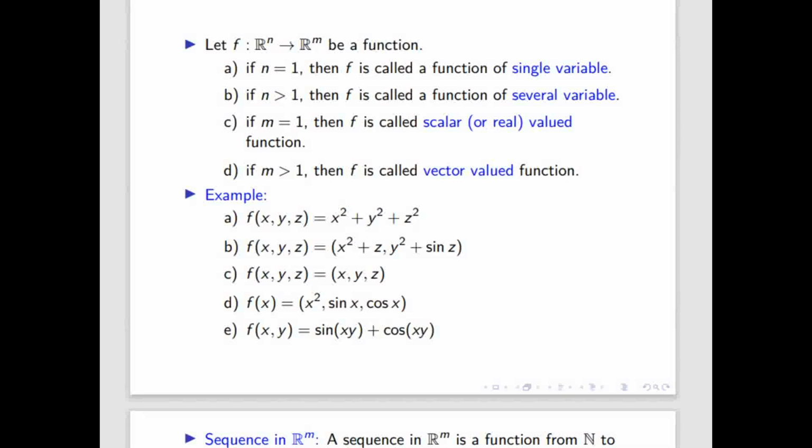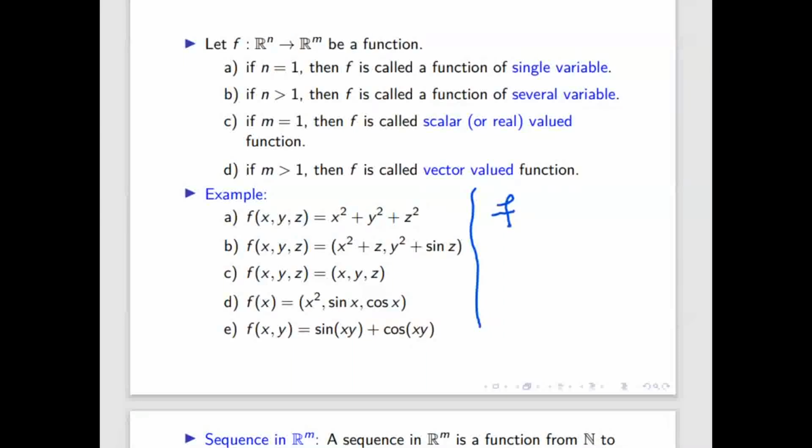So now what we will do, we'll learn one by one. What will we learn first? This one, definitely several variable, Rn to R. If you know how to deal with Rn to R, you can deal with everything.